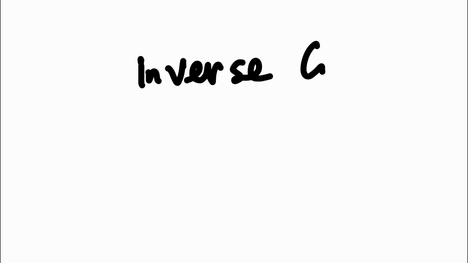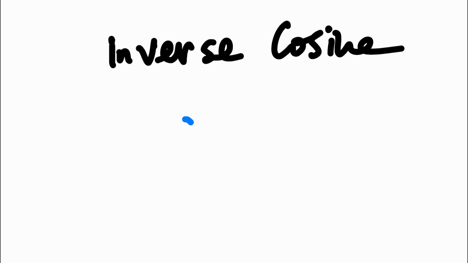And now let's take a look at the inverse cosine derivative. Obviously we just want to find the derivative with respect to x of this inverse cosine function. You can pause the video if you want to try this one.